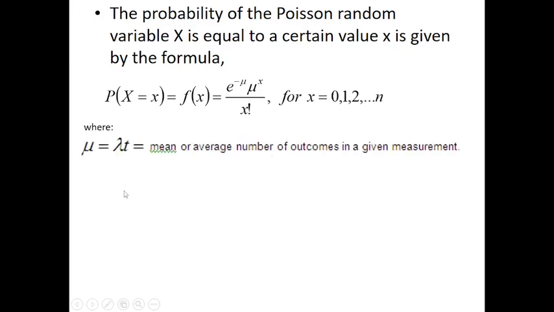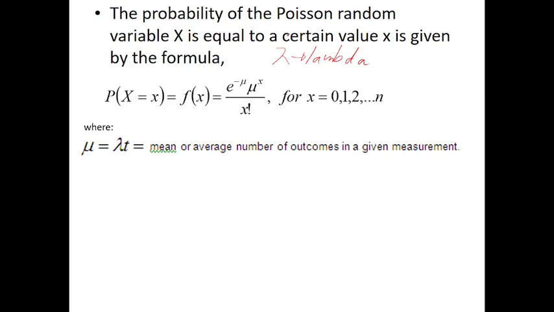Now, this symbol mu is equal to this notation, the Greek letter lambda. So mu is equal to lambda times t.